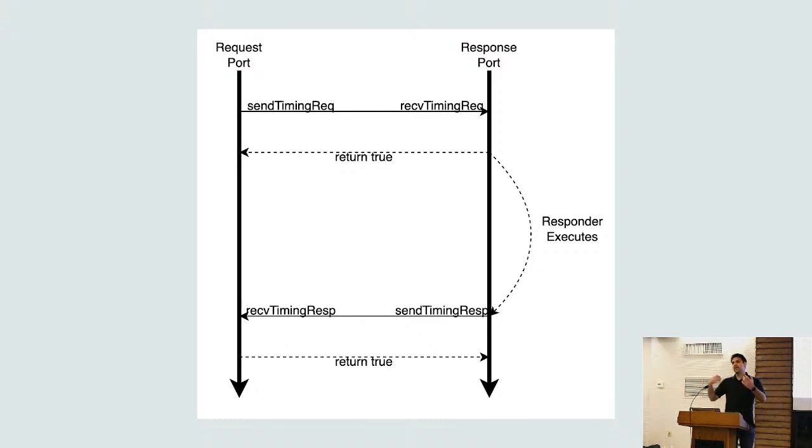The responder will take some time to execute and prepare the response, which in turn will call send timing response on the response port, which in turn will call receive timing response on the request port. Again, if the requester now has the bandwidth to receive that response, it will return true, which basically tells the responder that this response has been successfully communicated to the requester.